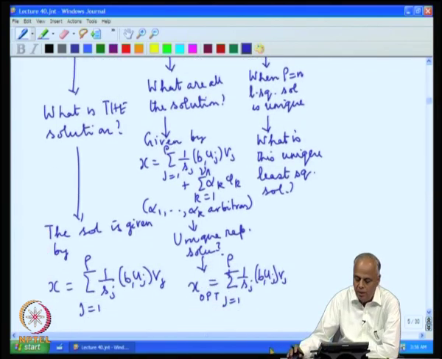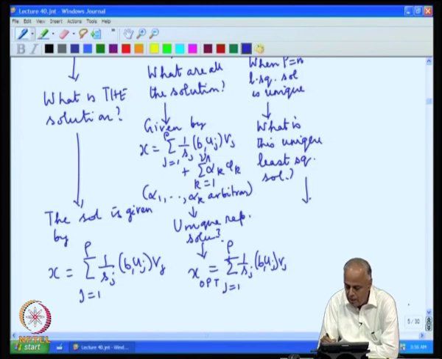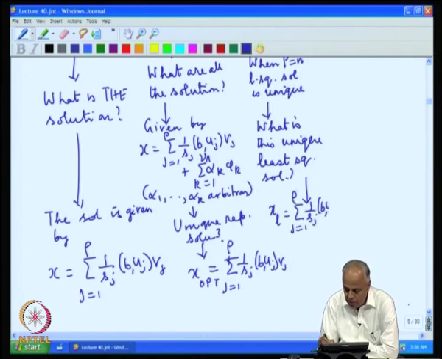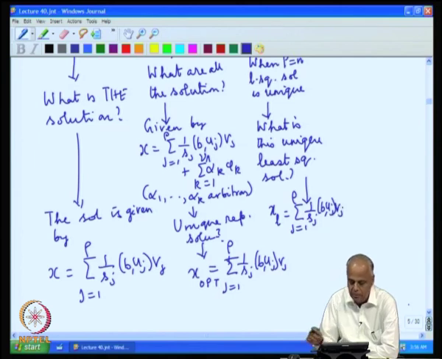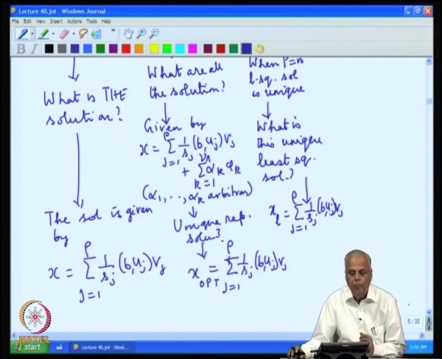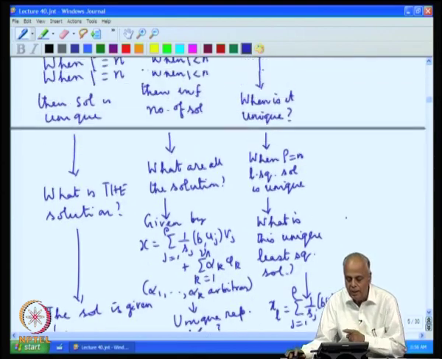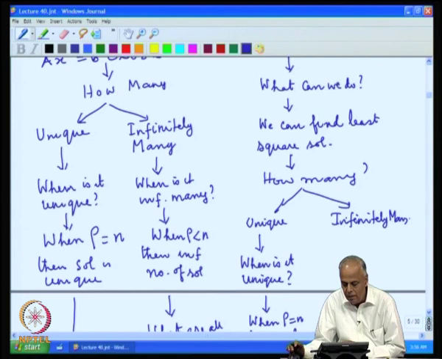And we know the answer from our analysis, that that is given by x l equal to summation j equal to 1 to rho, 1 by S j b u j v j. So, now we have all the answers in the case when B does not satisfy the consistency condition and we have unique solution. So we have this situation covered.